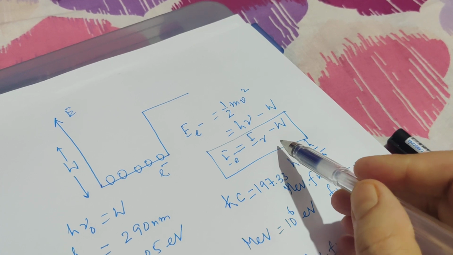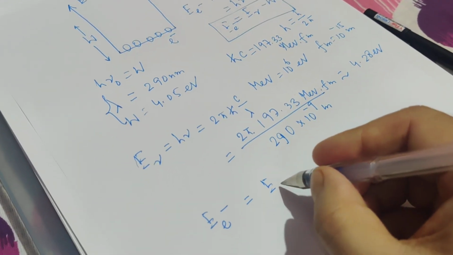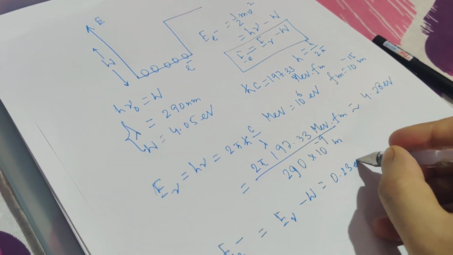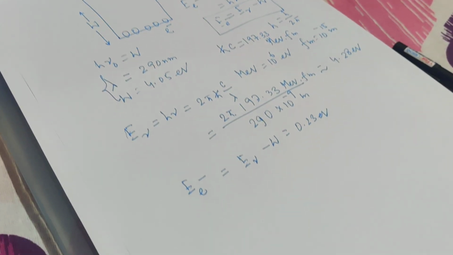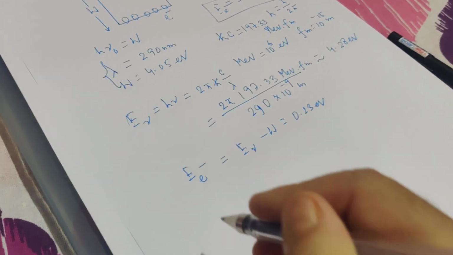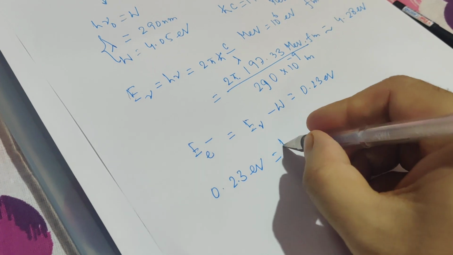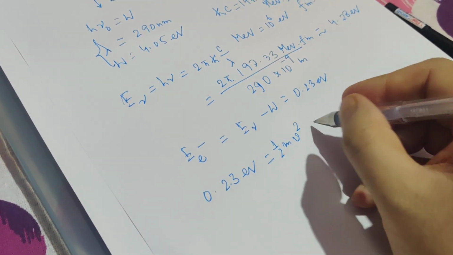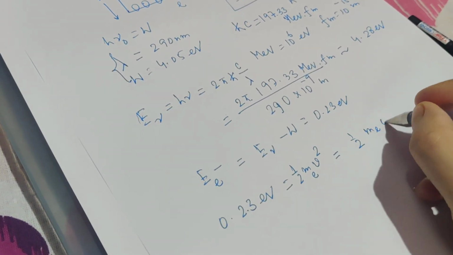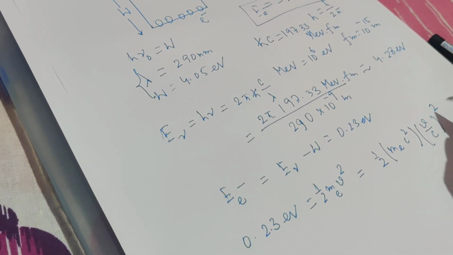Thus the electron energy, calculated from the Einstein formula, is E nu minus W, which is 0.23 electron volt. This 0.23 electron volt is the kinetic energy of the electron, half m e v square, that is half m e c square times v by c whole square.